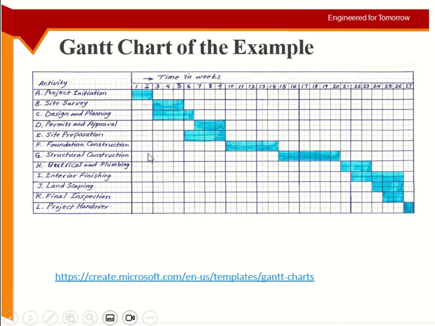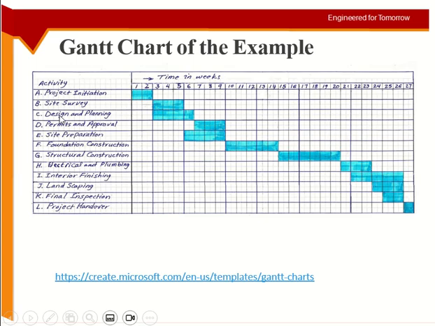So the important point here is that when you are defining your dependencies, go through them thoroughly. Double check it, triple check it, so that in the end you do not make mistakes with these overlaps.